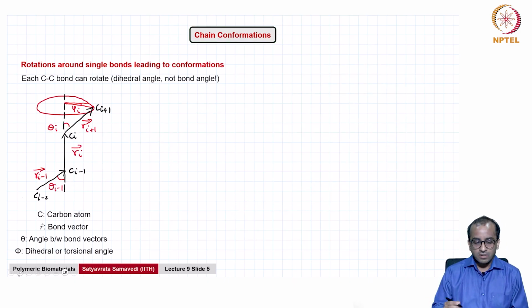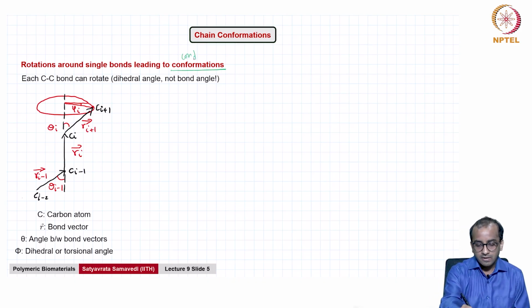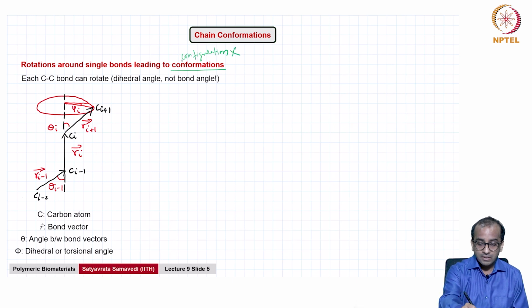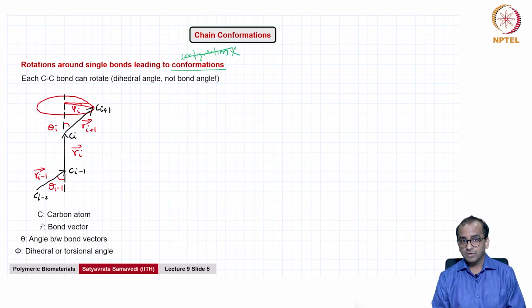Firstly, we note that we are using the word conformations here, and we have earlier seen the word configuration. Note that this is not the same as conformation. Configuration is something that cannot be changed after synthesis.